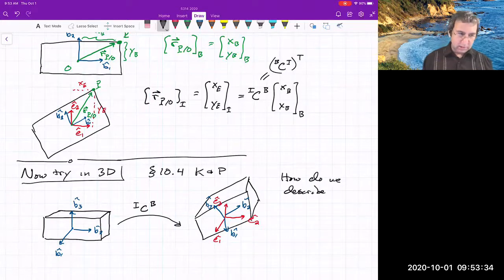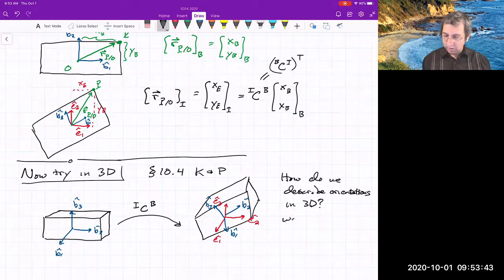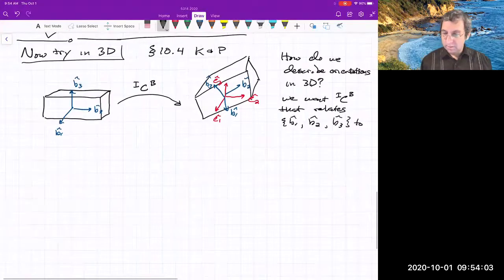So we're asking the question, how do we describe orientations in 3D? And it's the same procedure. We want some matrix, a rotation matrix that relates the B directions, B1, B2, B3, the body fixed directions, to some inertially fixed directions.